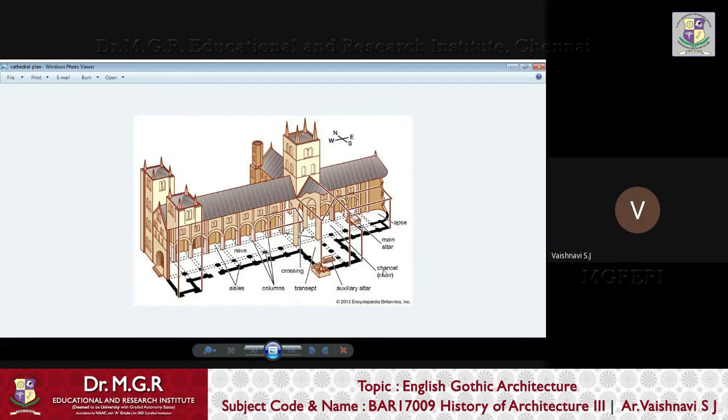The people here will be singing songs for the prayers, and here is the main altar, and behind the altar we have the apse. So these are the main parts of any kind of cathedral in medieval ages.